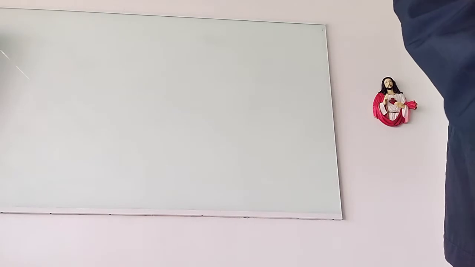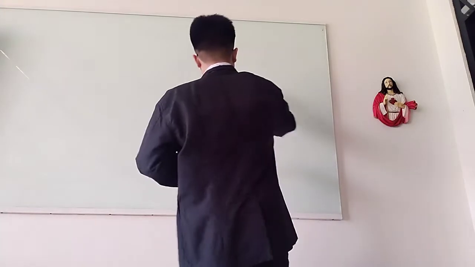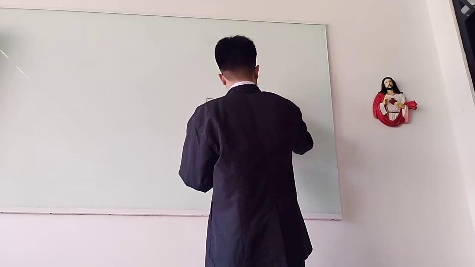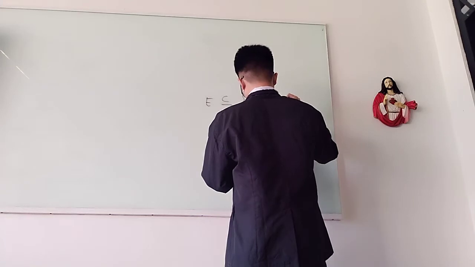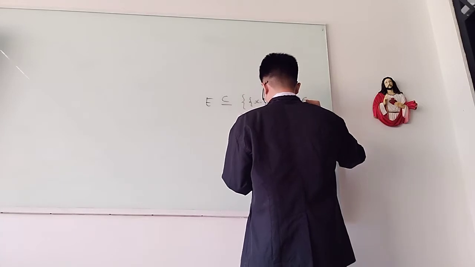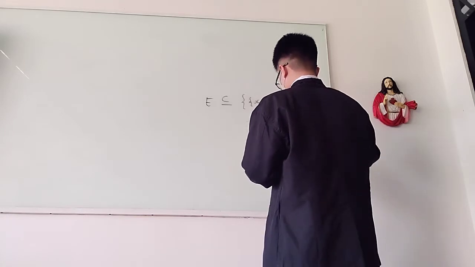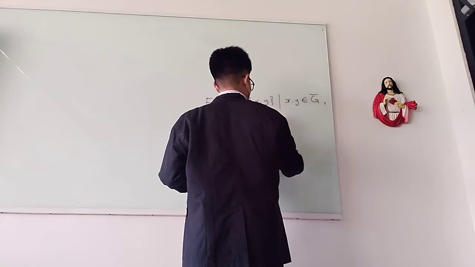No problem. Okay, so a more formal way of defining E is that E is a subset, but not entirely the set, of all unordered pairs x, y such that x and y are part of G bar, and that x and y are not equal.